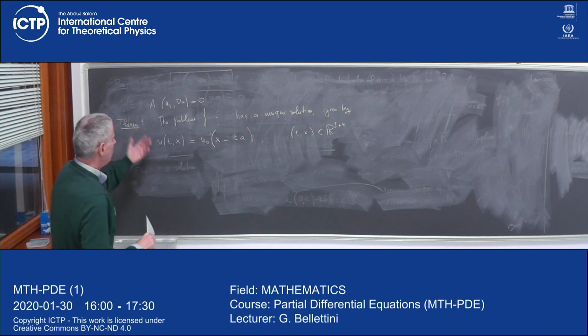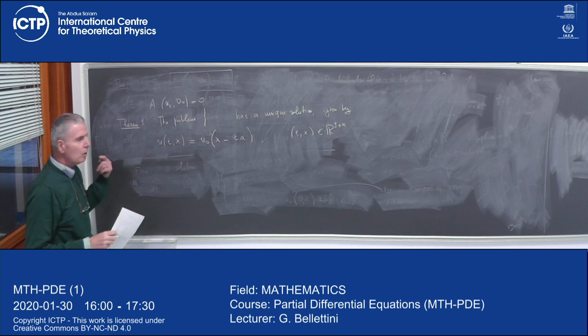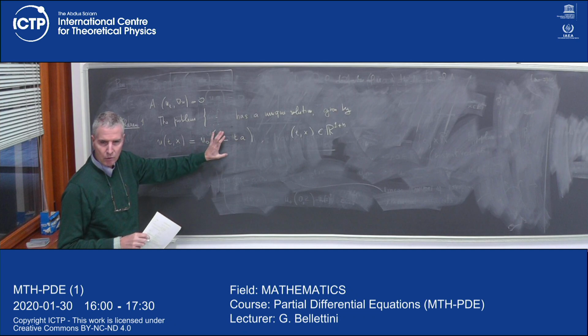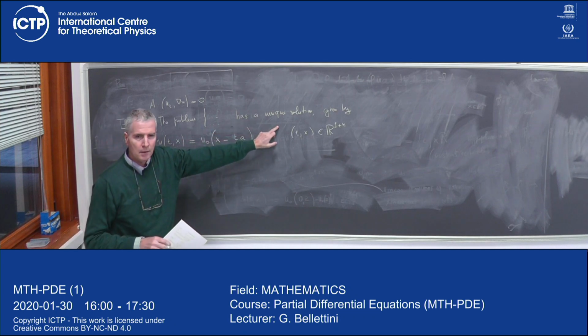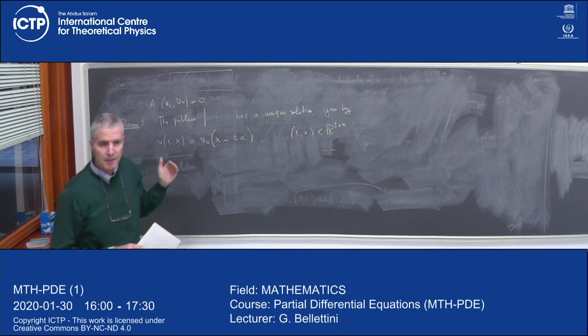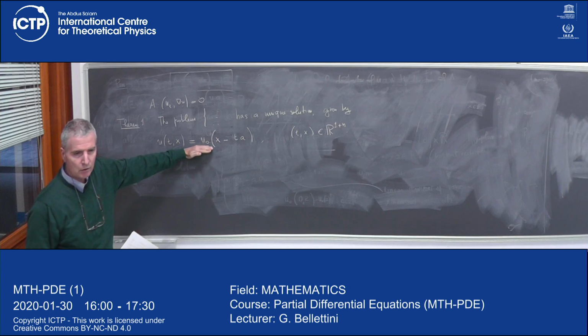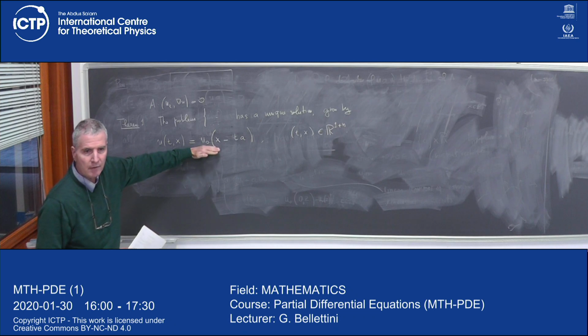So this is a theorem which says everything, because not only does the theorem say existence of a solution, uniqueness, and representation. It represents the solution in terms of the initial condition that has been given from outside, from the beginning.